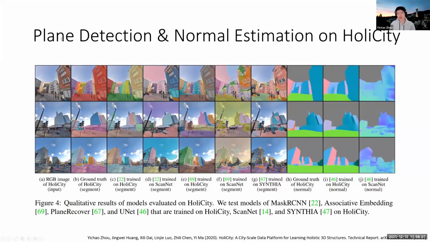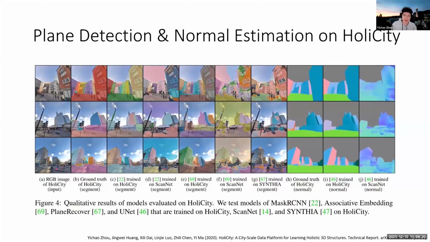So the plane. We can also test some algorithms on this data set. Previously, if you wanted to do outdoor normal estimation or outdoor plane detection, it was kind of frustrating. There's really no ideal data set for these tasks.